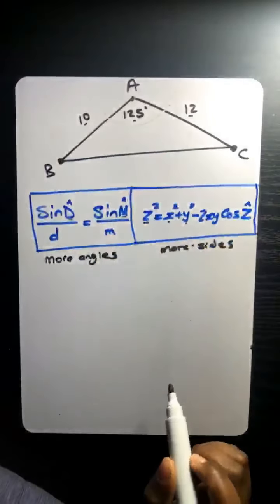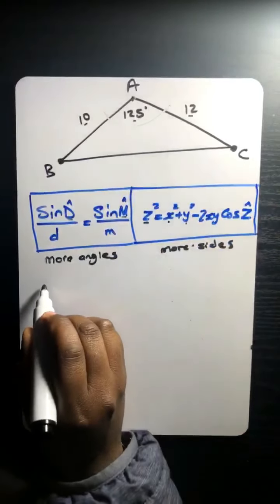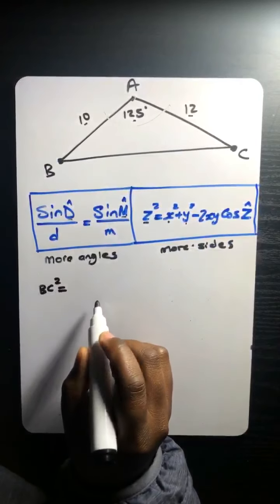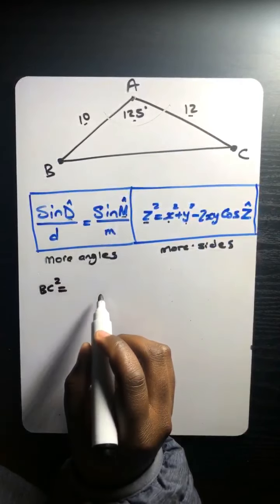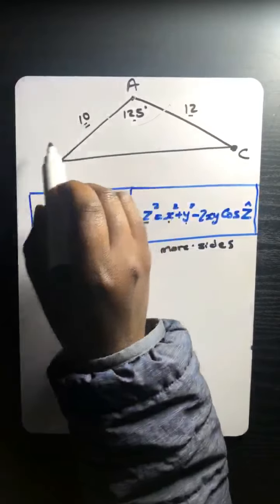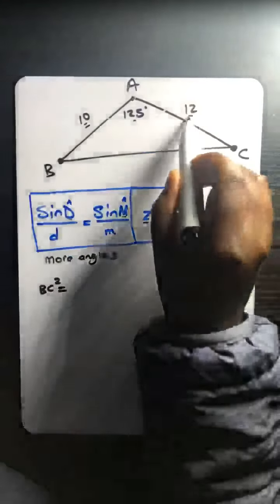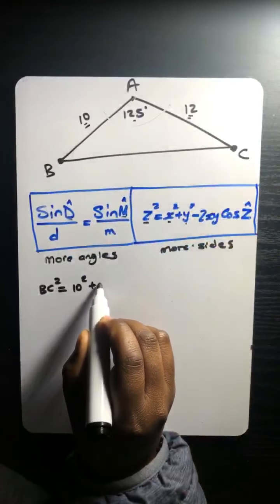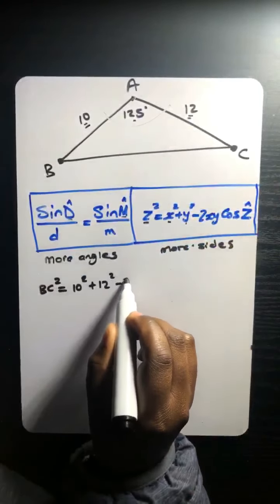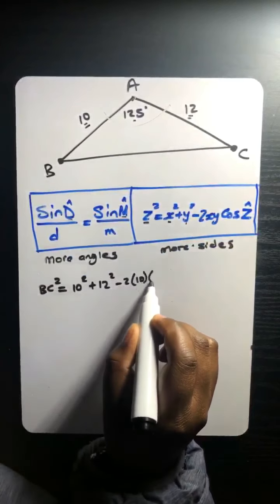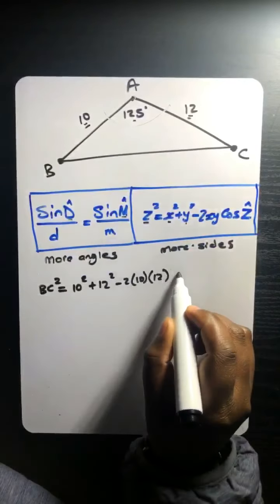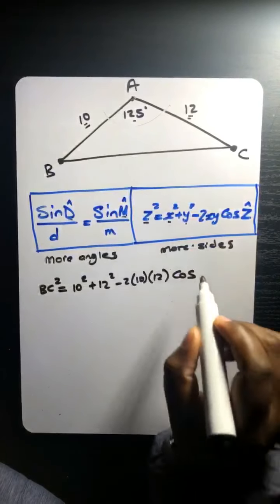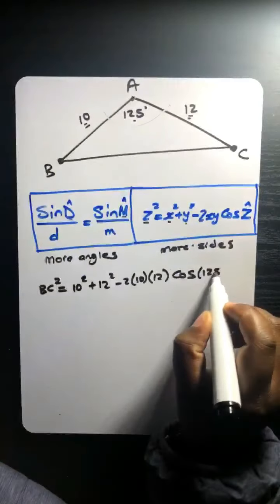So that means we have BC squared equals, it doesn't matter whether you regard this as side X, that as side Y, we have 10 squared plus 12 squared minus 2 of 10, and that same 12, because it's the cosine rule, then we have cos of the angle being 125 degrees.